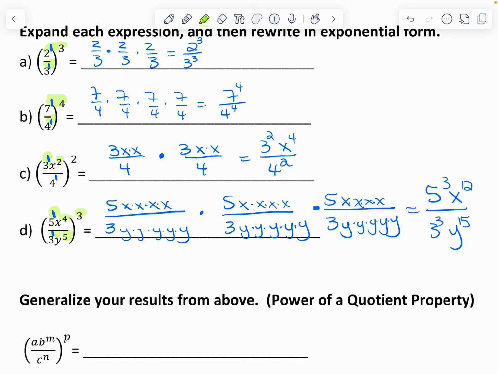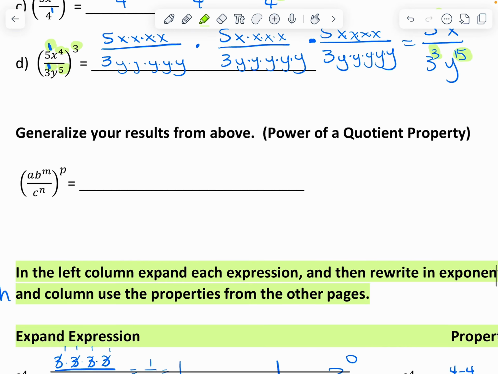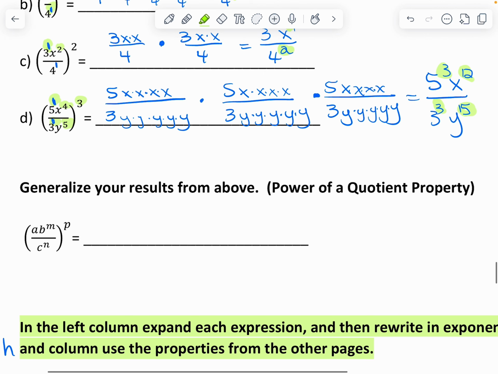We're just looking at the exponents. I don't know what it did. Look at those exponents. What happened? Again, they're just multiplying the exponents. That's all they've done.